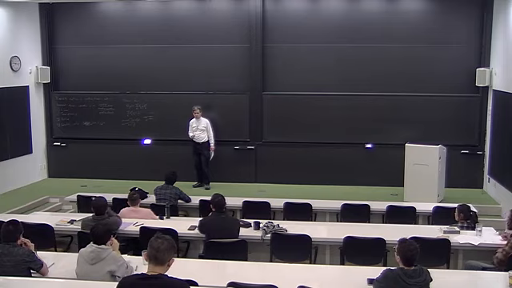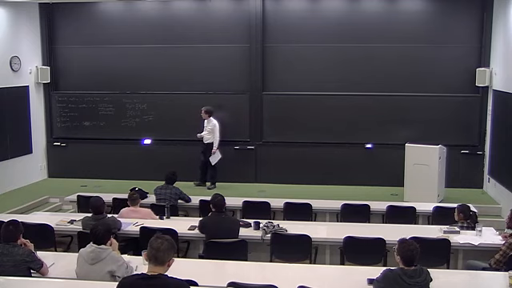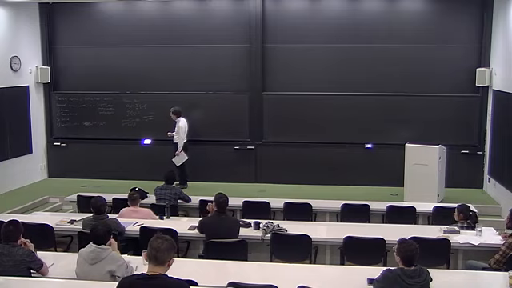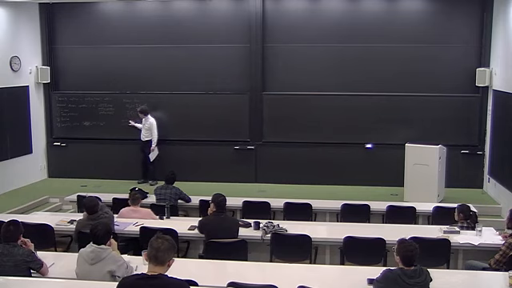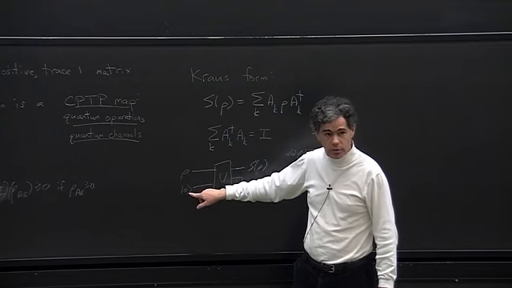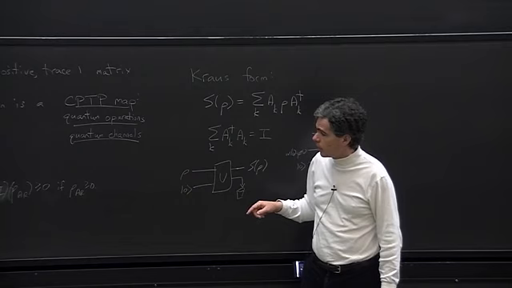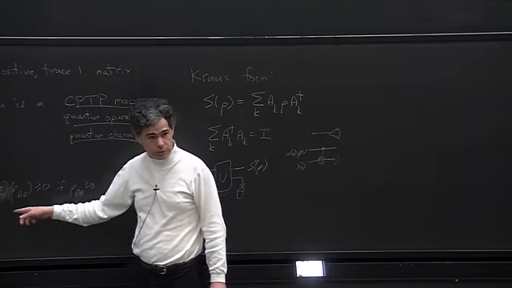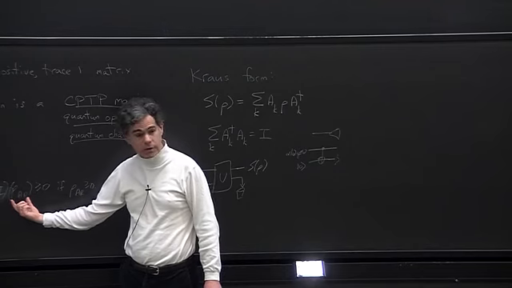Do you require the composite system to have any specific properties? So which composite system? For this picture, the purification of the CP-TP map, it's always going to be a tensor product with the ancilla. Over here, you mean for completely positive? No, this is an arbitrary density matrix.